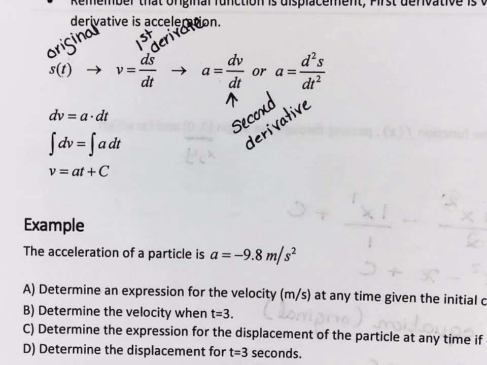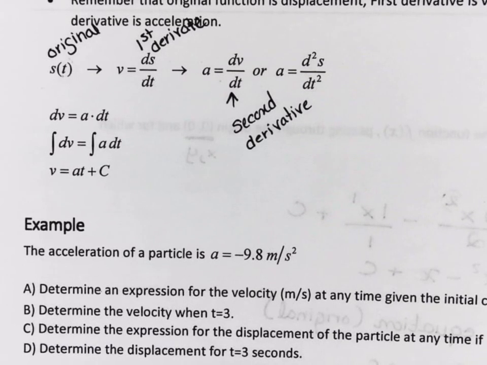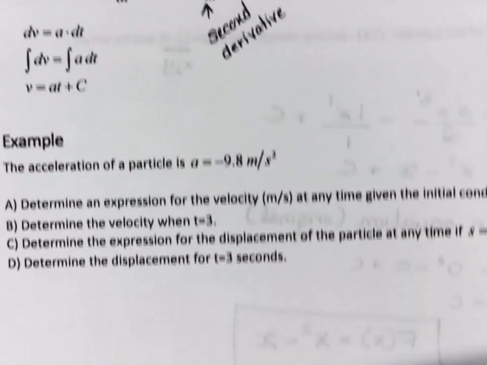So we're going to be working backwards with acceleration and velocity and going back to the original equation. So it's like you're anti-deriving it twice. The rules are exactly the same forwards and backwards. So we're going to work through this.